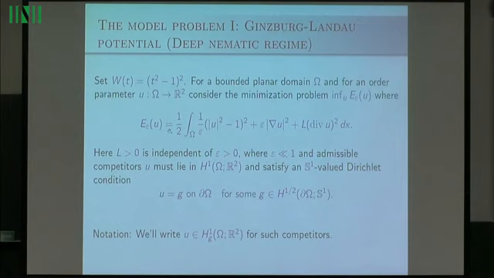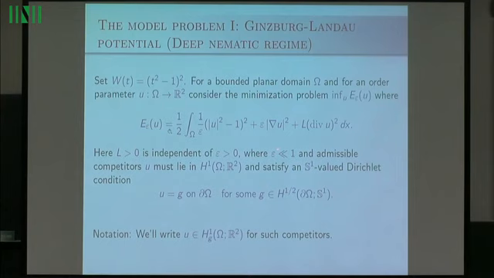Okay, so I'm going to consider two possible cartoon problems, sort of. The first problem you can think of as a problem for a deep nematic regime, in which case the potential is constructed in such a way that it is minimized by the magnitude of u being equal to 1.